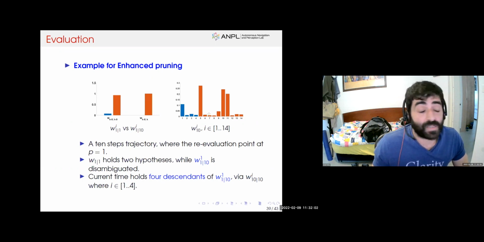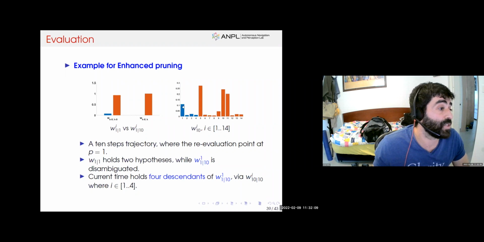At the endpoint, which is 10 steps ahead, these two hypotheses created a full spanning tree, which generated 14 hypotheses at current time, where hypotheses 1 to 4 are descendants of the original blue hypothesis, and hypotheses 5 to 14 are the descendants of the orange hypothesis.